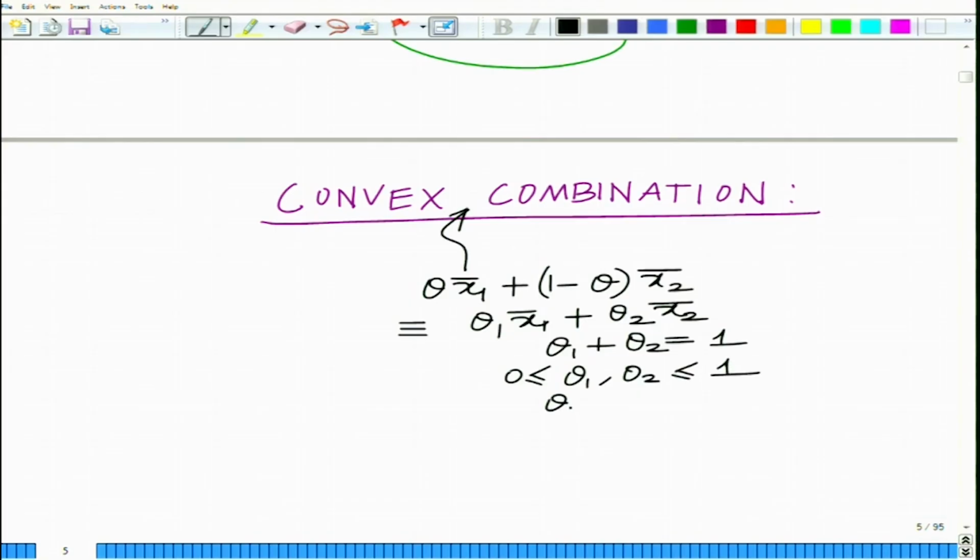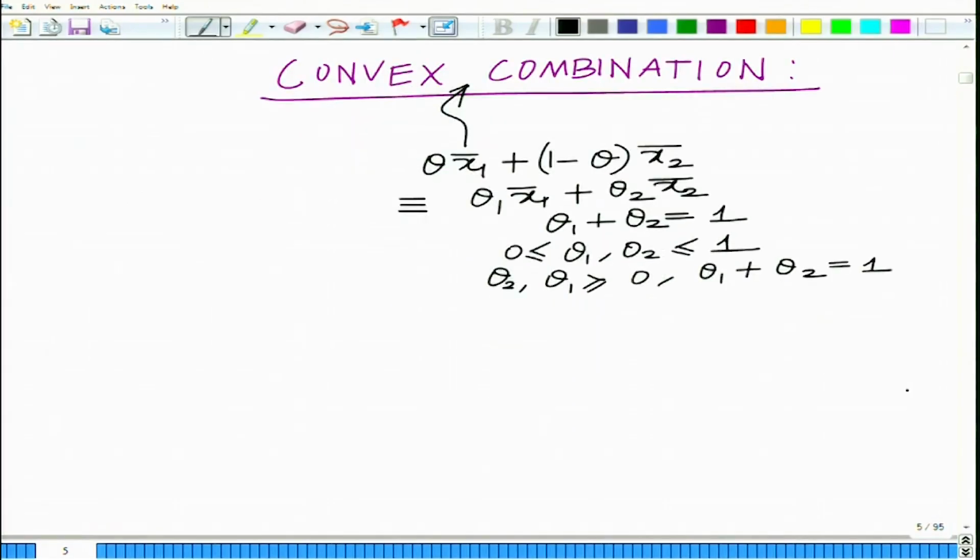Or you can equivalently say that theta 1, theta 2 are greater than or equal to 0 and theta 1 plus theta 2 equals 1.